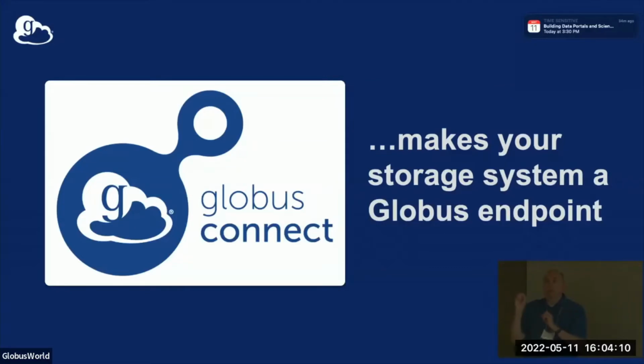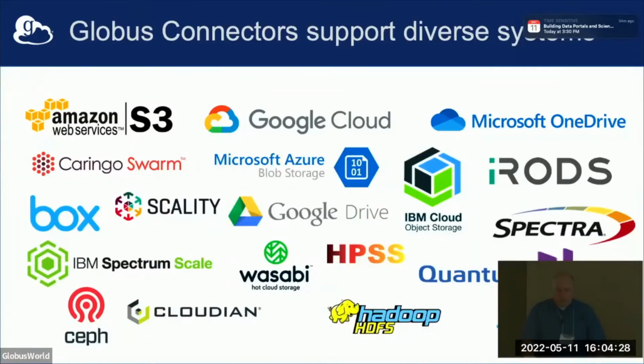Okay, so the key here is that the data lives on a Globus Connect endpoint or collection, okay? And all the accesses happen through that collection and through our APIs. So it's not all tied at the hip on one single VM that your web server runs on. And just to remind you, what that does is it frees you up to store your data wherever you want, because we have all the storage connectors.